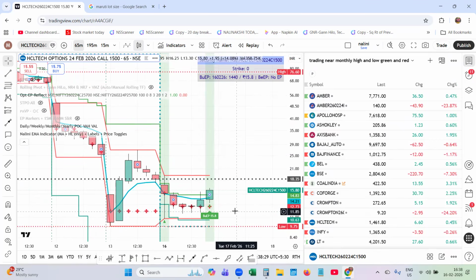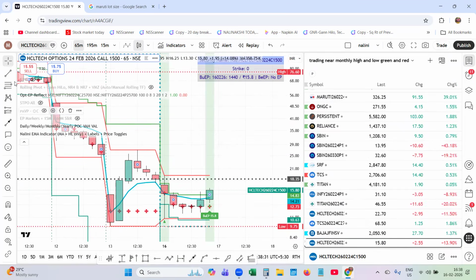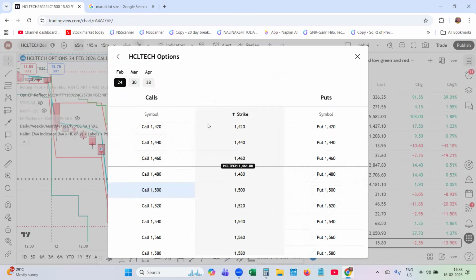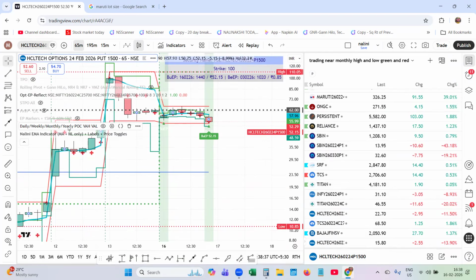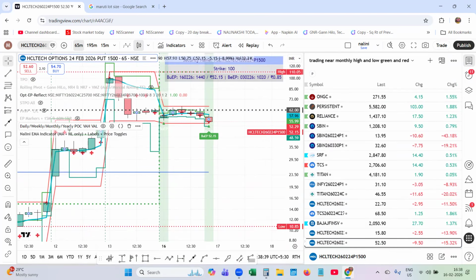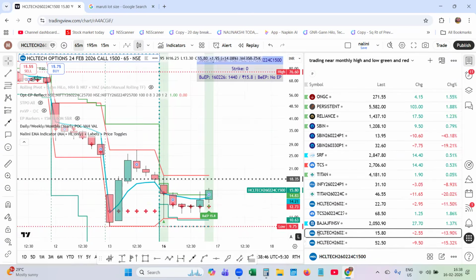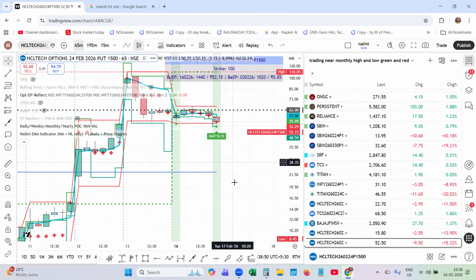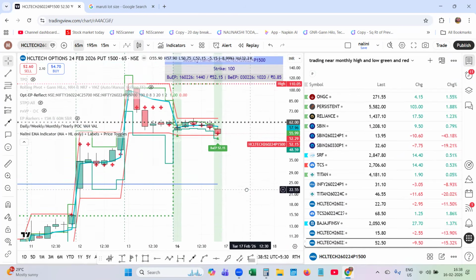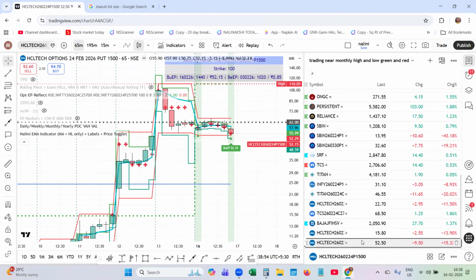I'm going to see this, and also simultaneously I'll be adding the same put option also, Alt W, because we need to track it. This is very cheap, 15 rupees. The call option is very cheap, and the put option too. So if it starts breaking below, then it is sure that this call option will move higher.